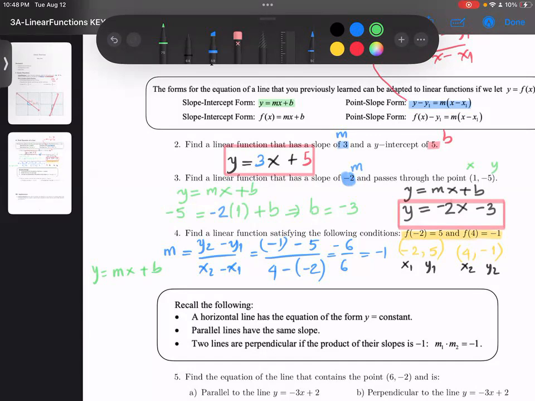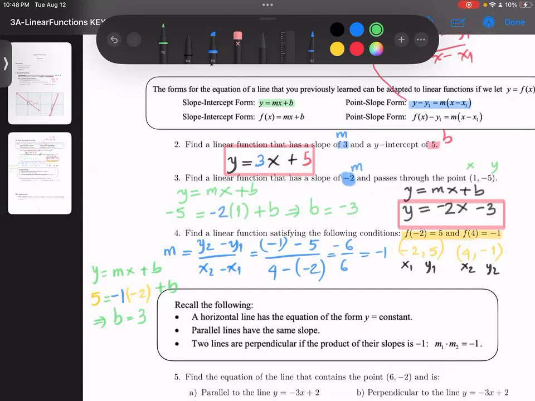It doesn't matter, you can choose the second one and you get the same result. y is 5, m is -1, x is -2. Let me use color code. Plus b. Then solve for b. b will be 3.